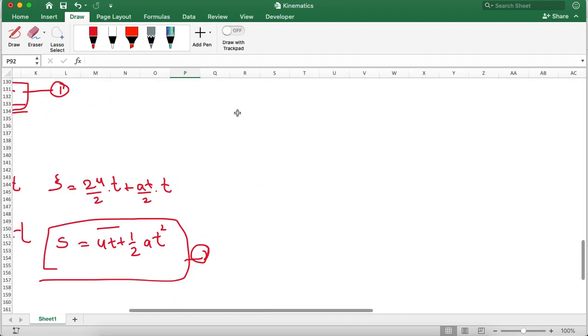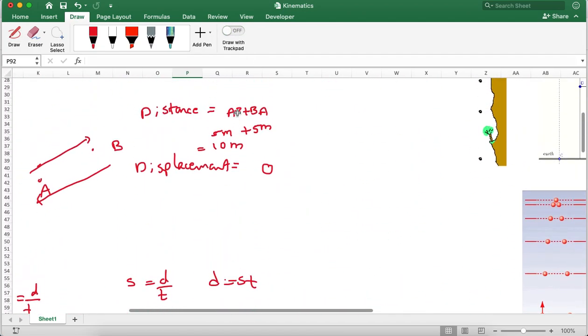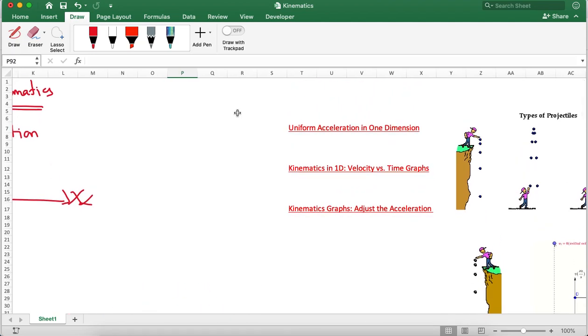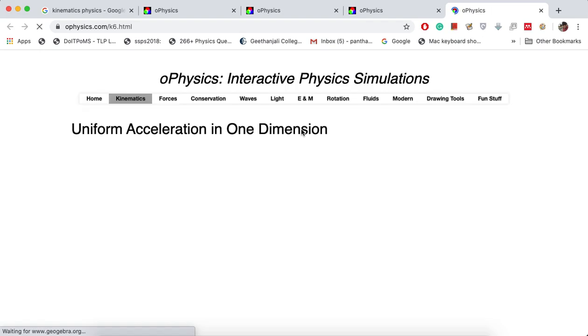Now I'll explain how the velocity, the distance or the time varies with respect to one another. I'll explain by using a graph. The graphical analysis of any physical parameter is very important. If you are able to analyze the graphs, then only you will get the concept 100%.